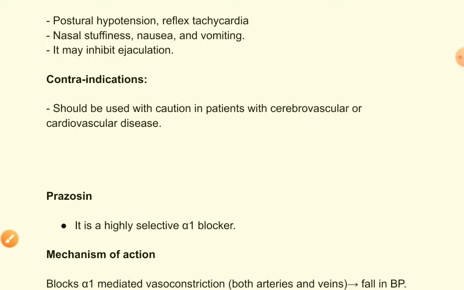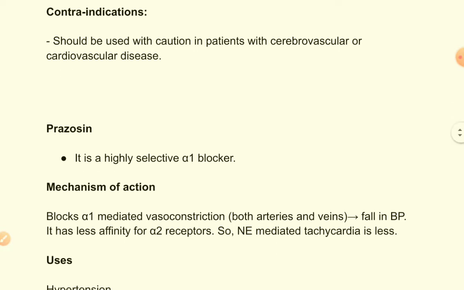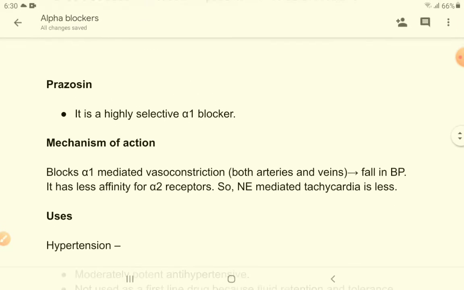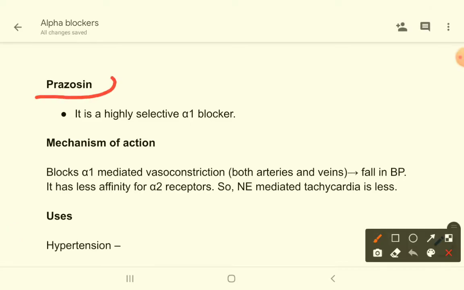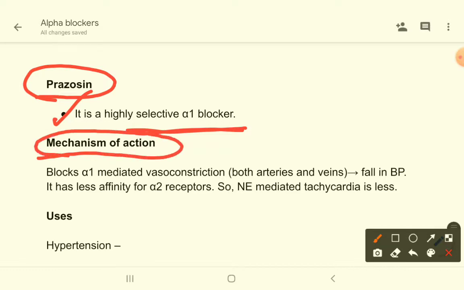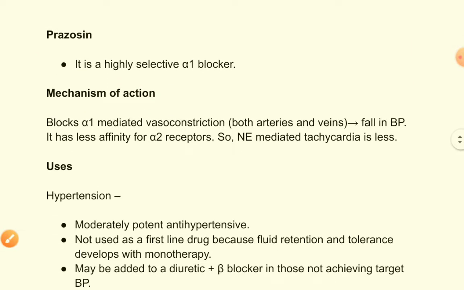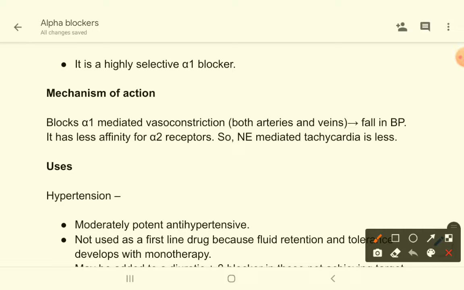Okay, now come to another drug, which is prazosin. This is another important drug in this list. So this is a highly selective alpha 1 blocker. Phenoxybenzamine was a non-selective alpha blocker, but prazosin is a highly selective alpha 1 blocker. And how does this drug act, the mechanism of action of prazosin? So very easy, it blocks the alpha 1 mediated vasoconstriction, and that leads to fall in blood pressure.